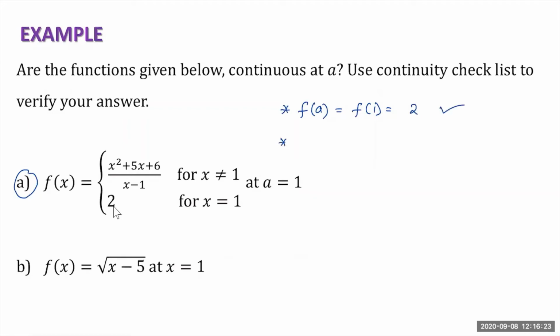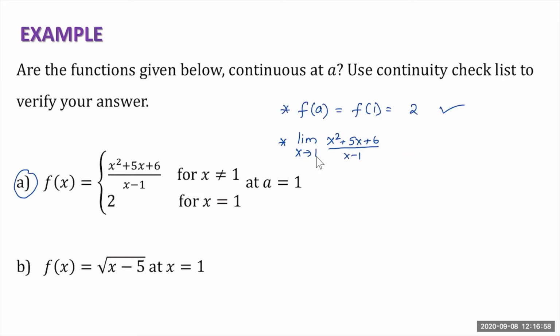Next, we have to find the limit as x approaches a, where a is 1, of the function, which is x squared plus 5x plus 6 divided by x minus 1. If you try to plug in 1 in the numerator, 1 squared plus 5 times 1 plus 6, that will be 12.